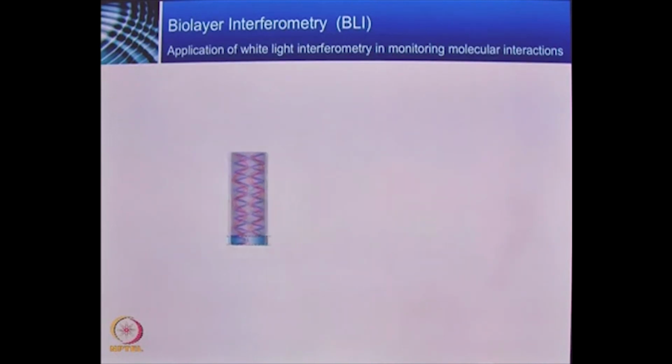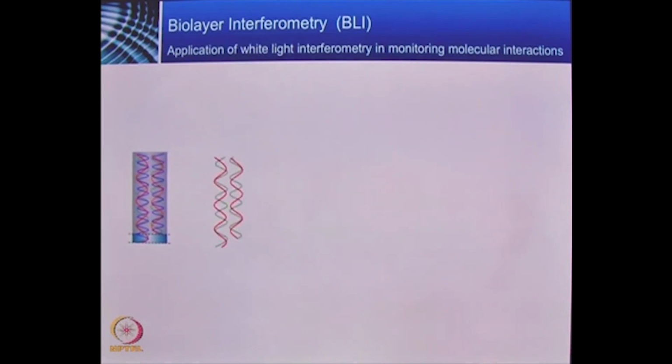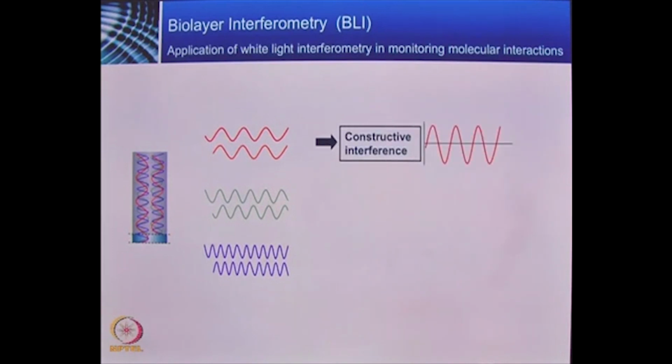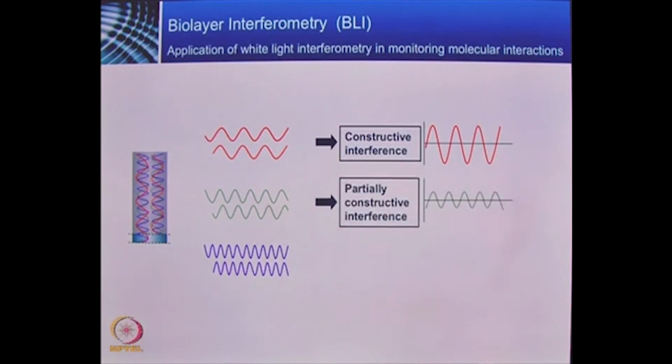Since white light has light at different wavelengths, the two reflected wave beams will interact with each other. Some light at certain wavelengths will show constructive interference. Some will show partially constructive interference, and some will show negative interference or destructive interference.